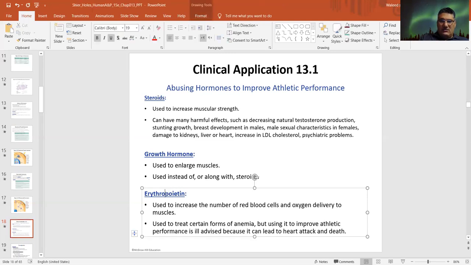Erythropoietin: erythro means red, which is referring to the red blood cells. Poietin, I mentioned it several times, poiesis, meaning manufacturing, making. So erythropoietin is a hormone that's secreted from the kidney, and it's going to go to the bone marrow in order to make more red blood cells.